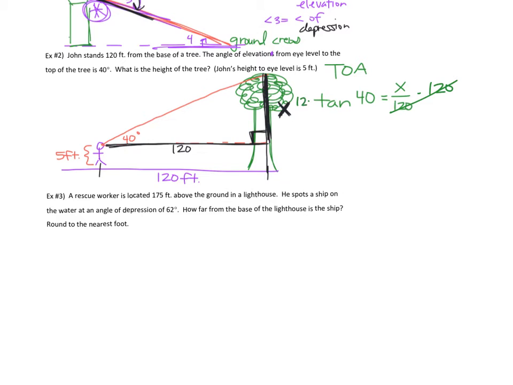Multiply by 120 over here. So you're plugging 120 tan 40 into your calculator, and X is, we'll do nearest tenth here, 100.7.